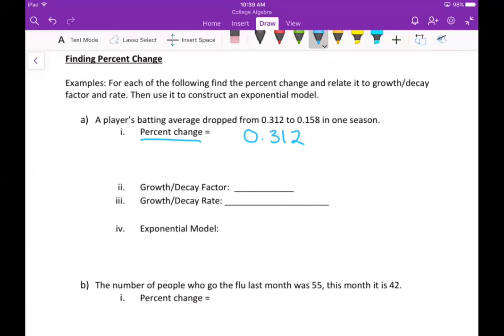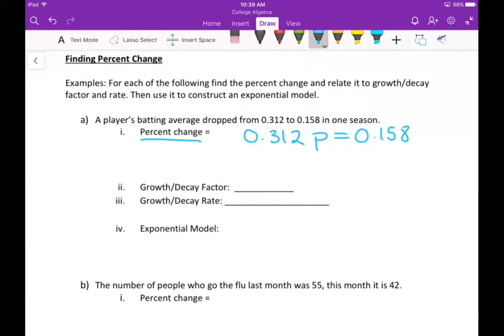Then we take that times some percent to get to the new quantity in the end. That's always what percent change is: the initial amount times whatever the percent change was, and that equals the new amount after the percent change.